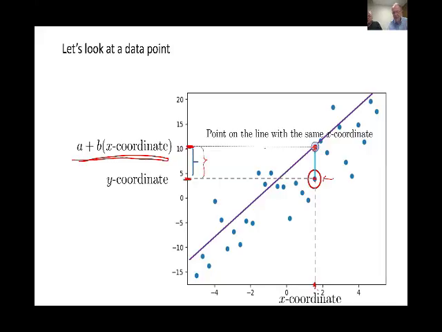You see, if I have a data point that is on the line, if I am lucky enough to have a data point that does lie on the line, then this distance is 0. So the error or the difference between the point and the point on the line is 0. So for all the data points on the line, this error term is 0.